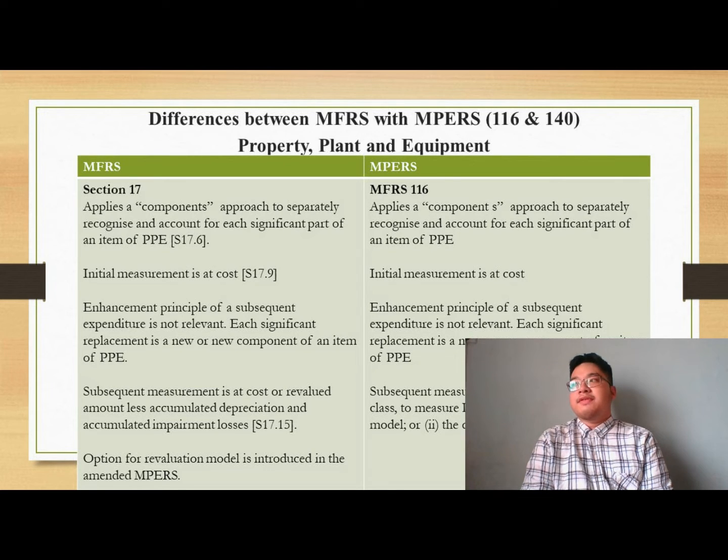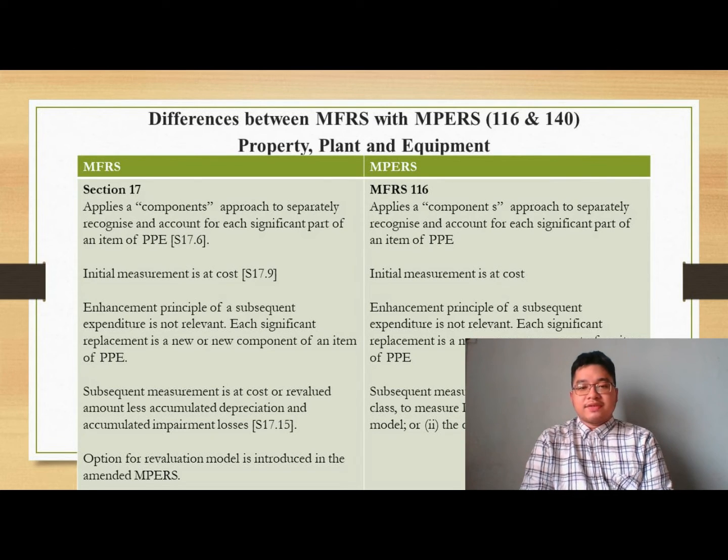MFRS 140. Land and buildings, or both, or part of land or buildings, include an interest in an underlying operating lease asset. For subsequent measurement, there is an accounting policy choice to measure IP at the fair value model or at the cost model.